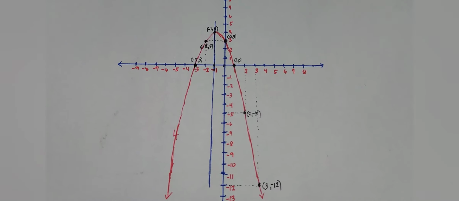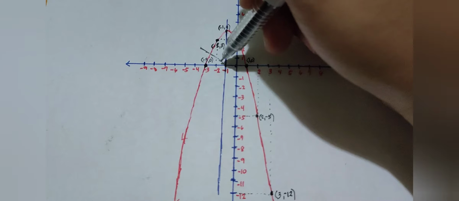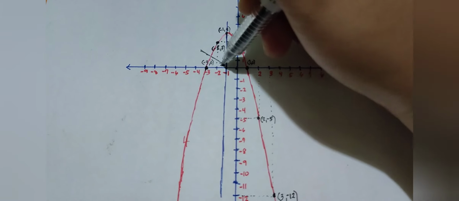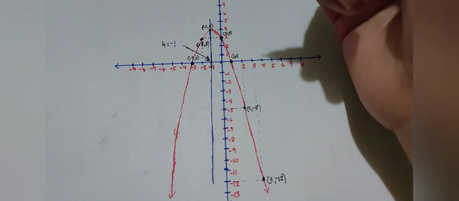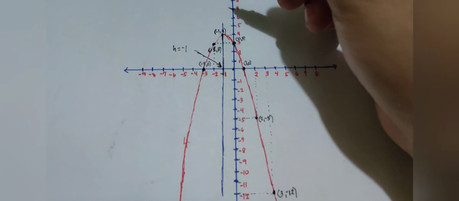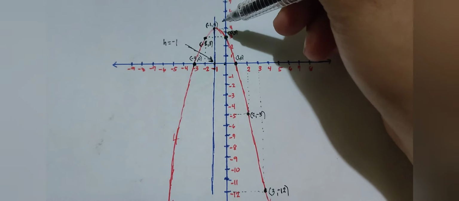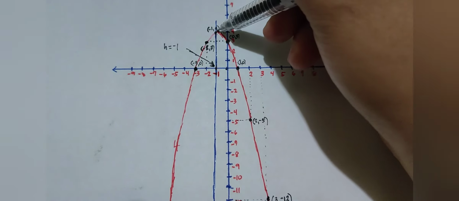So ibig sabihin, lagyan ko lang ng arrow, ha? Ibig sabihin yung h natin is equal to negative 1. Then yung k naman natin is ito. So yan. Lagyan ko na lang din.